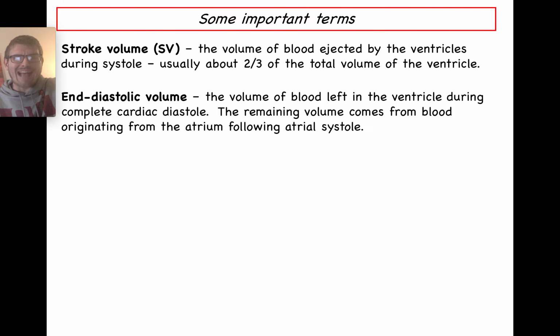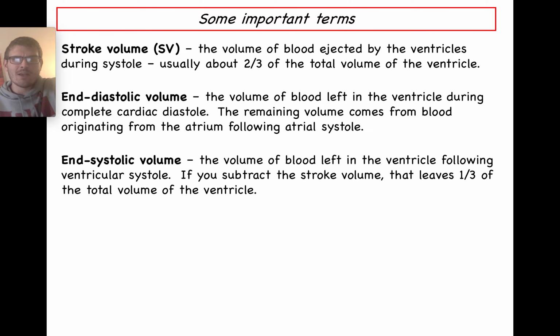The end diastolic volume, or EDV, refers to the volume of blood in the ventricle during complete cardiac diastole. So essentially, this is the full volume of blood in the ventricle. We did cover the fact that there is a little bit of extra that comes from atrial systole, but you can consider your EDV to be the full volume of blood in the ventricle before it contracts.